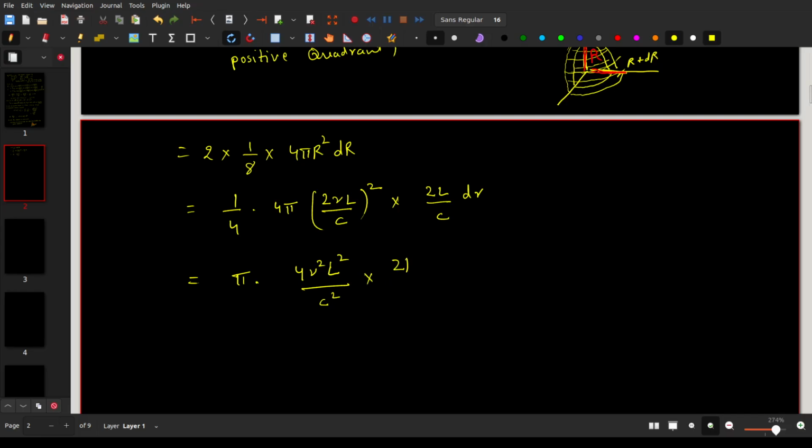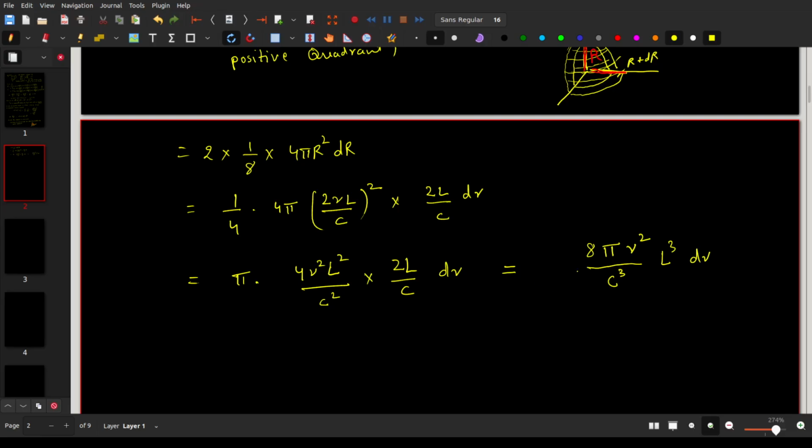times 2L by c d nu, and this is equal to 4 into 2, 8 pi nu square by c cube and L cube d nu.